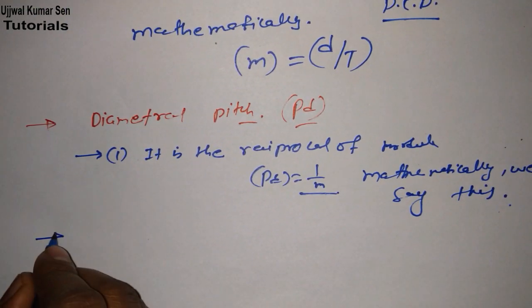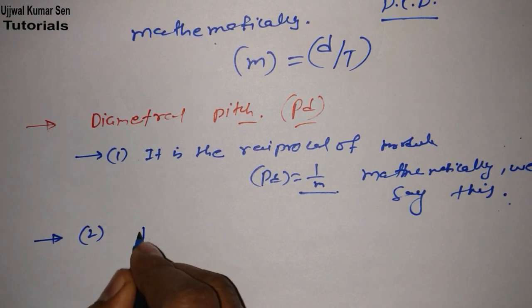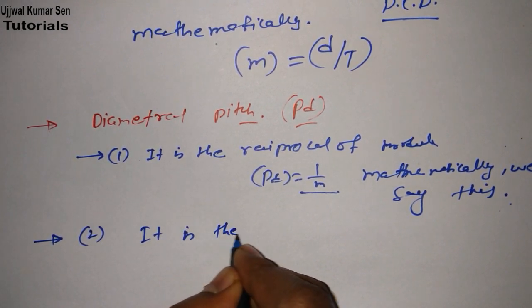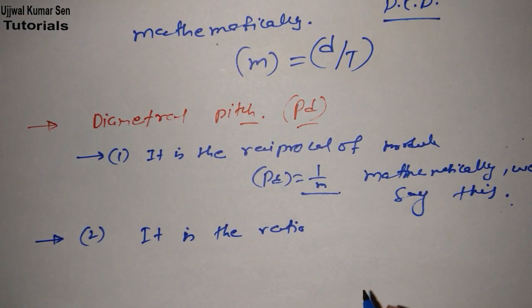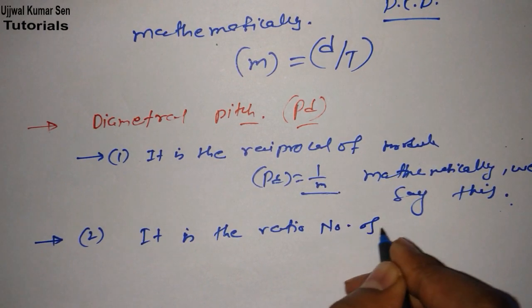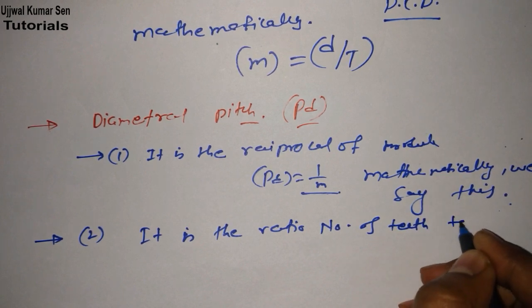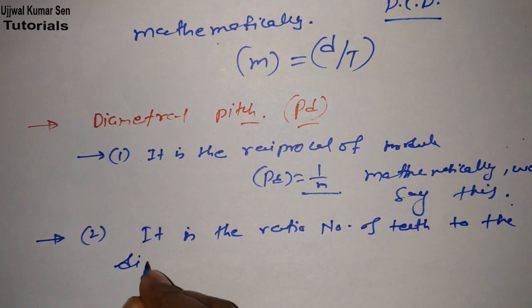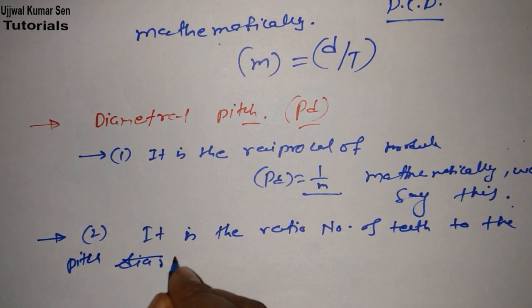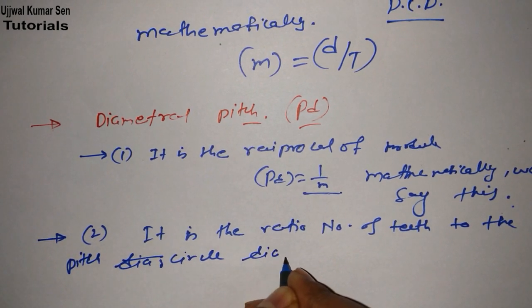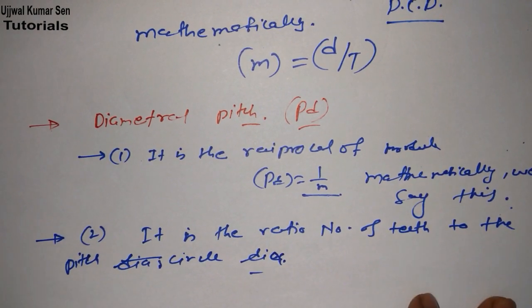Now the next definition: if you have been watching this video with proper concentration, then you can easily say this. It is the ratio of number of teeth to the pitch circle diameter. So this is all about gear terminology.